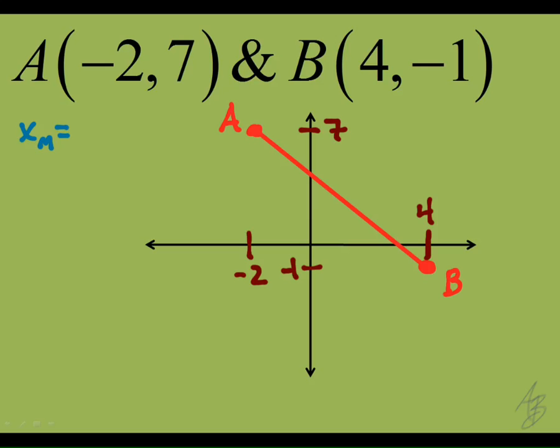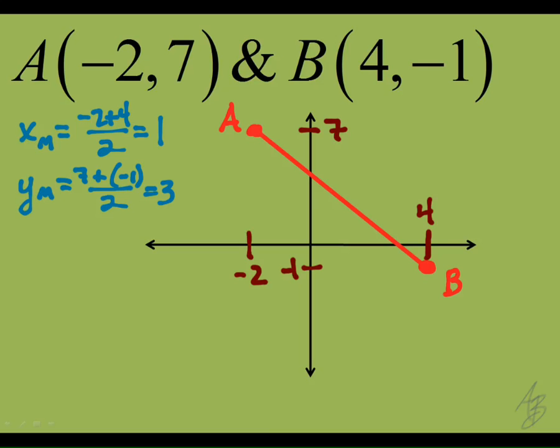So tell me what to write down, Jimmy. -2 plus 4 divided by 2 equals what? 1. Okay. And how about the y? 7 plus -1 divided by 2 equals 3. Right, because 7 plus -1 is the same thing as 7 minus 1, right? So we have 6 divided by 2 is 3.